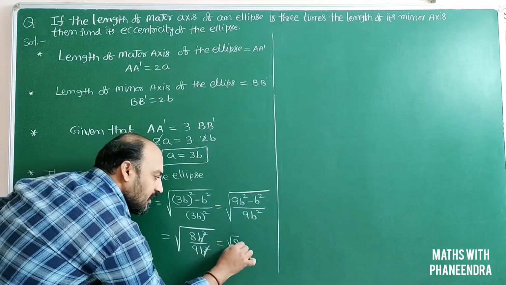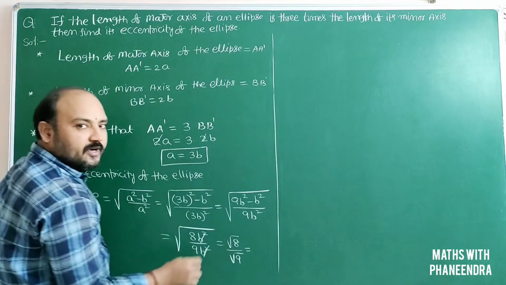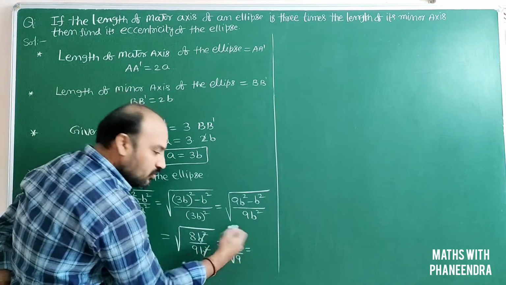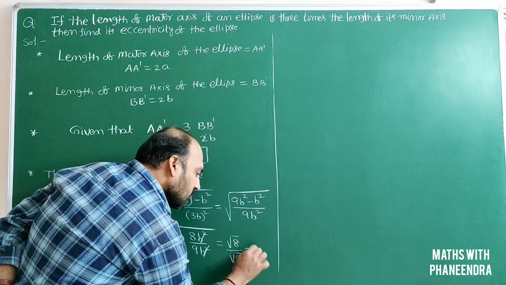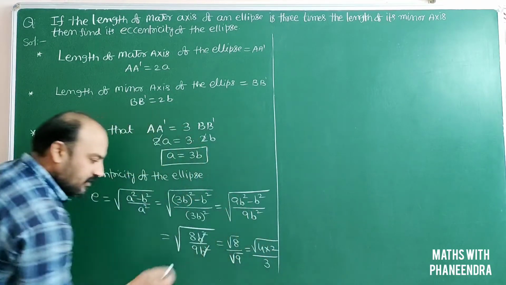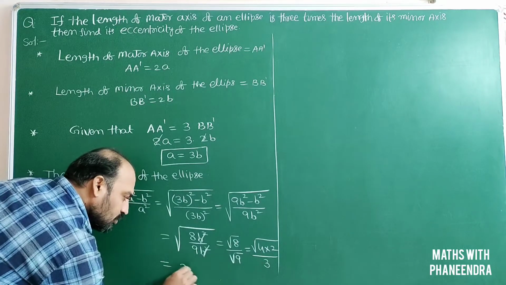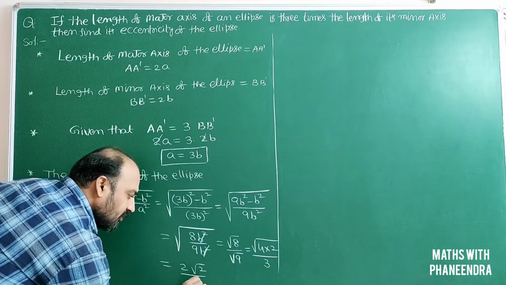So root 8 divided by root 9. Root 8 can be written as 2 root 2. 4 into 2, we can take 4 outside as 2. So 2 root 2 divided by 3.